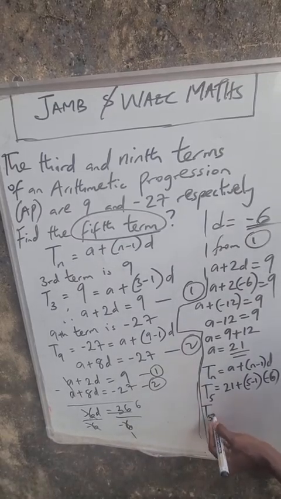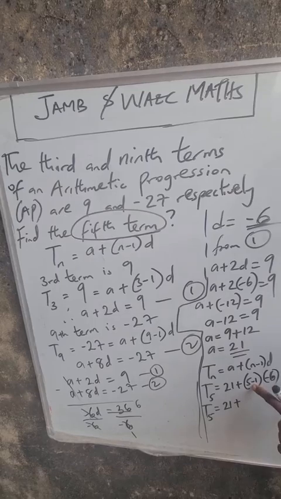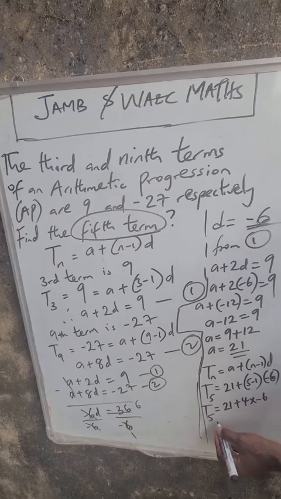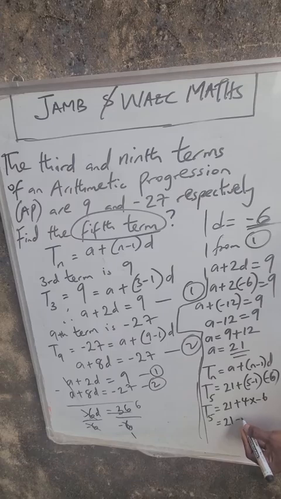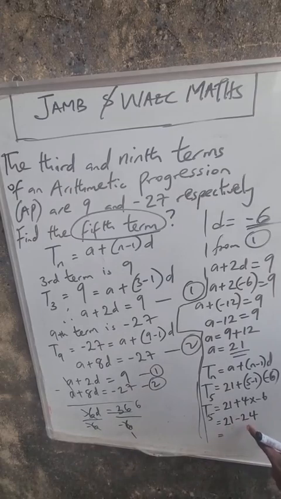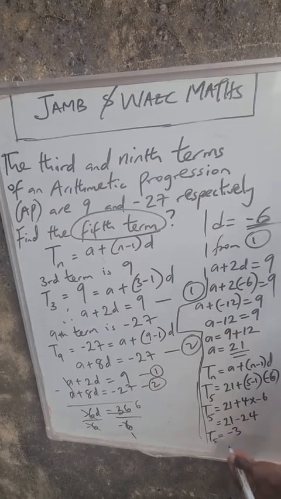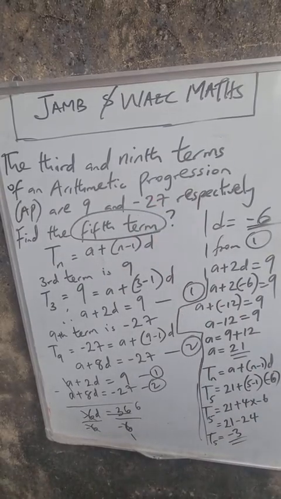So our fifth term is equal to 21 plus 5 minus 1, which is 4, times minus 6. 4 times minus 6 will give you minus 24. So this is equal to 21 minus 24, which gives us minus 3.